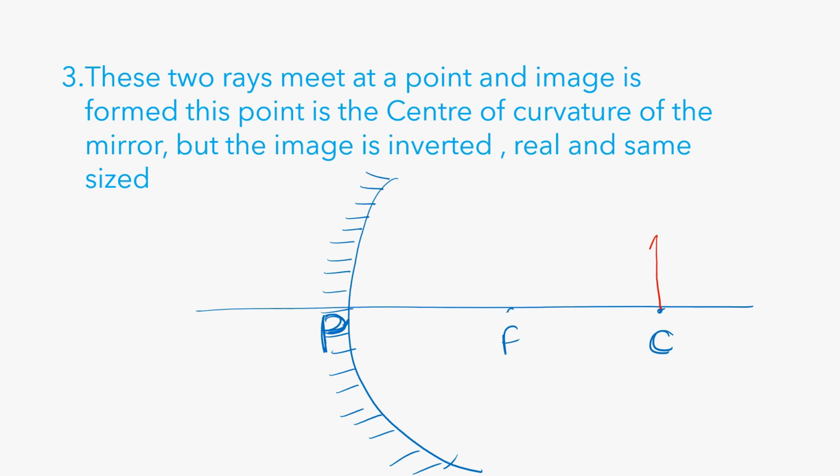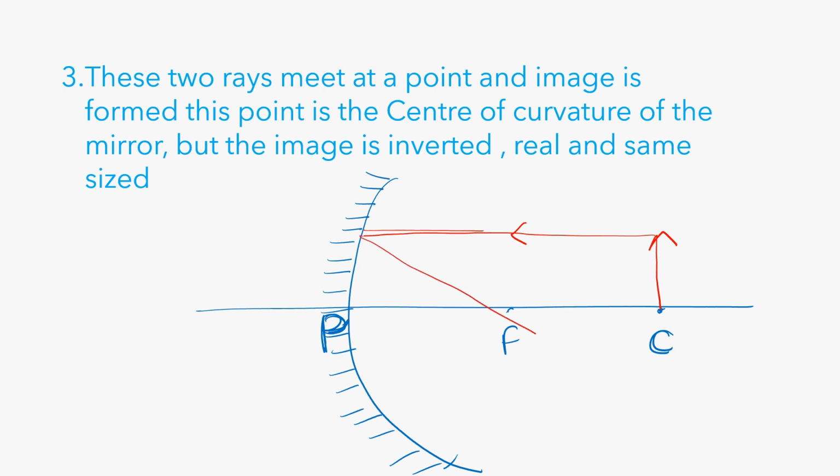This is the object and first point, a ray coming parallel to the principal axis. This is parallel to the principal axis. Falls on the concave mirror. After reflection passes through focus.